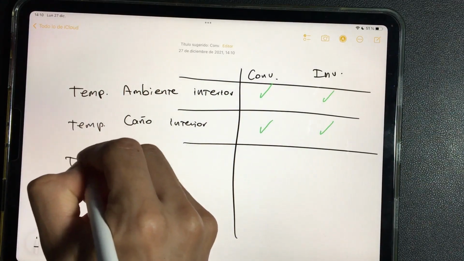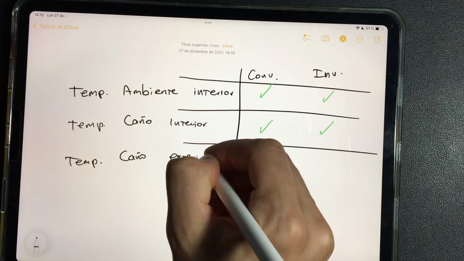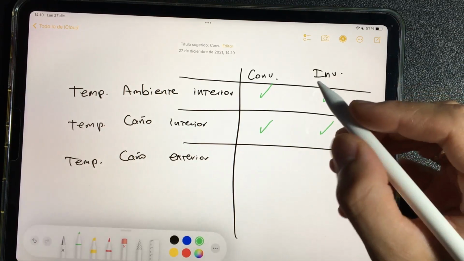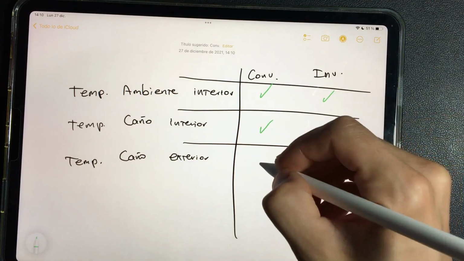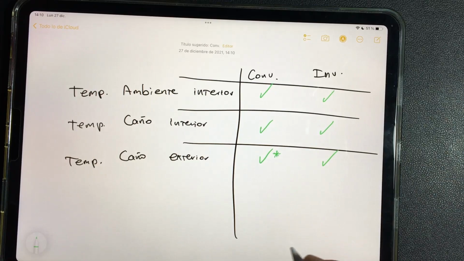Outdoor pipe temperature. In this case, in inverter, we will always find it. In conventional, we will find it, but we will put an asterisk. The asterisk will tell us that it will not be found in all conventional units, and I think you know this.